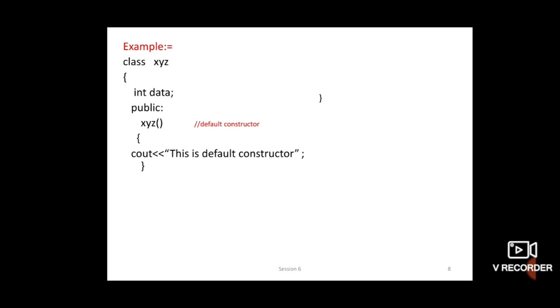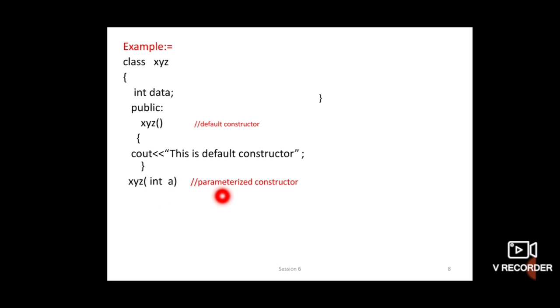Now one more constructor is declared in the XYZ class, and one argument is passed in this second constructor. This is called a parameterized constructor. Why? Because in this constructor one parameter, one argument, one variable is passed.